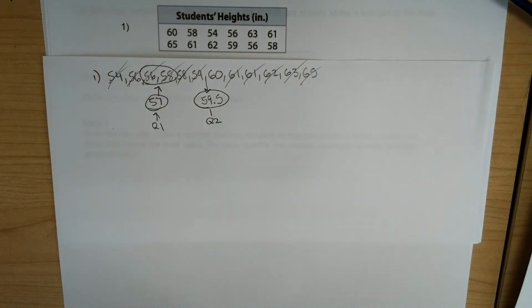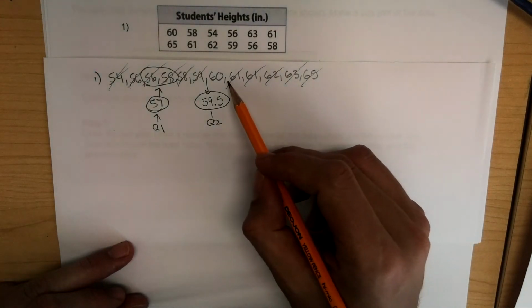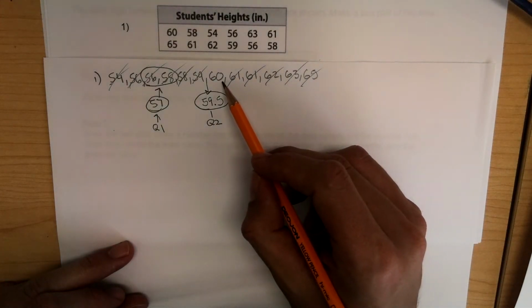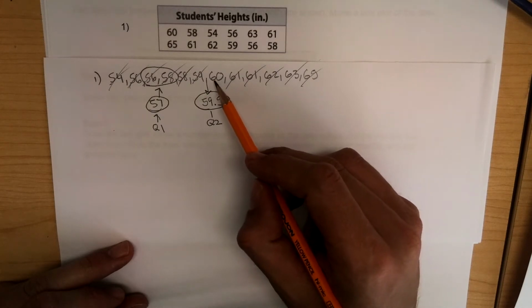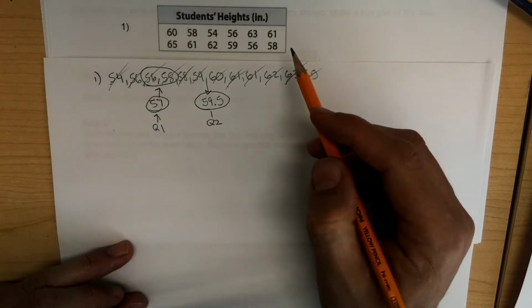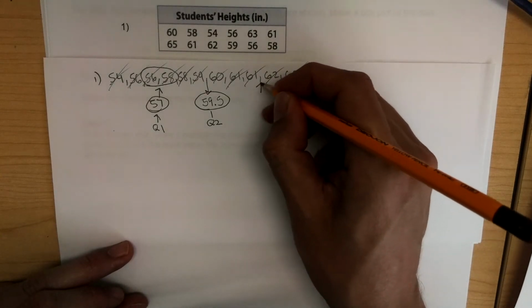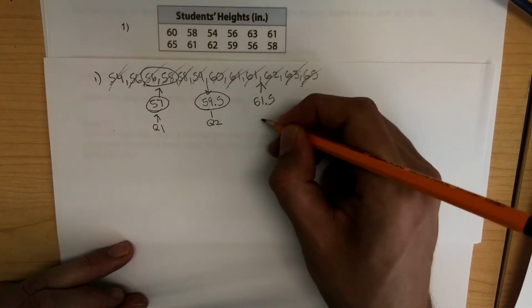Now let's find the median of the upper half of my data. Again, I have 6 numbers, so I'm going to have one of those in-between things here. I've got 60, I'm left with 61 and 62. In between 61 and 62 is 61.5.